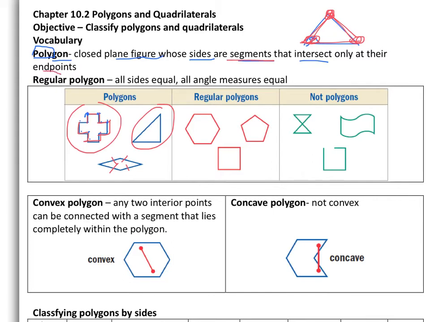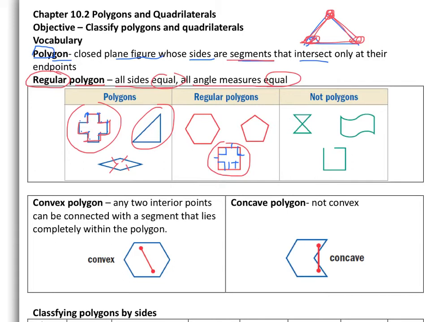Now, a regular polygon is a polygon with all sides equal and all angle measures equal. And here, let's take a look at the square. All the sides are equal and all the angles are equal, meaning they all are 90 degrees.